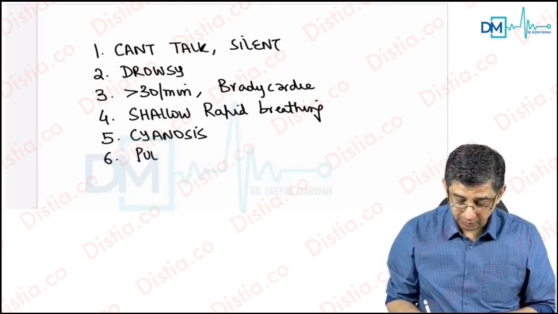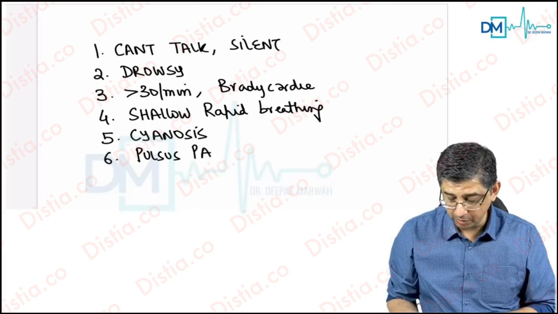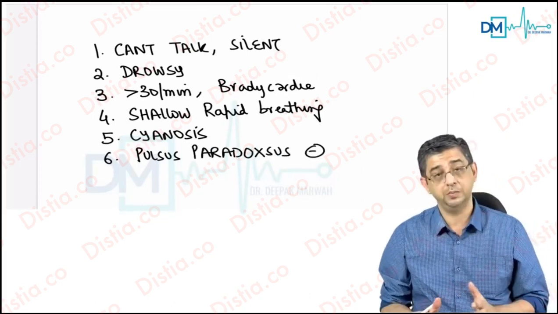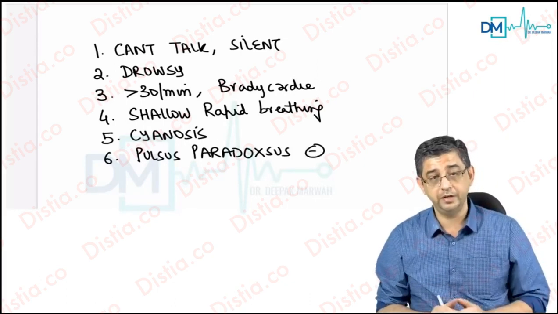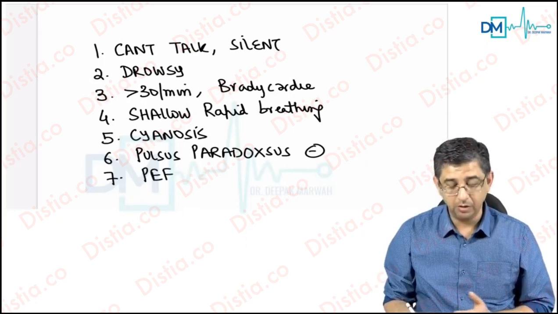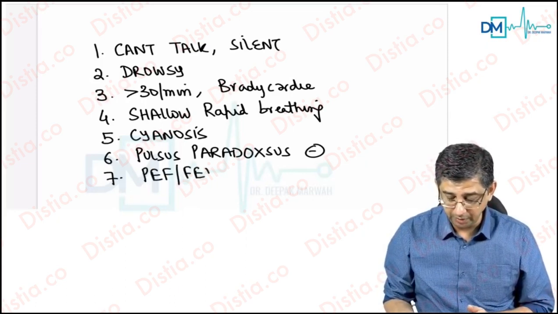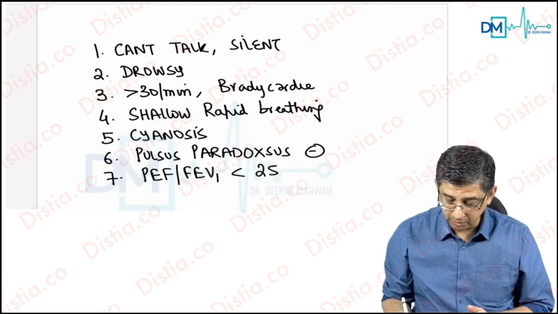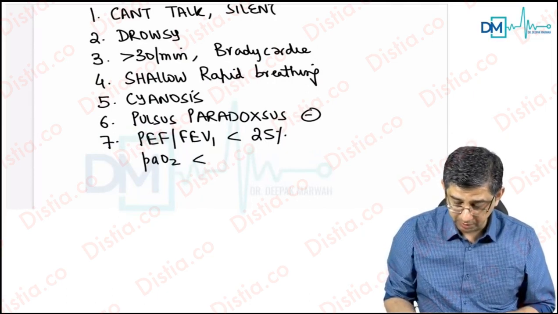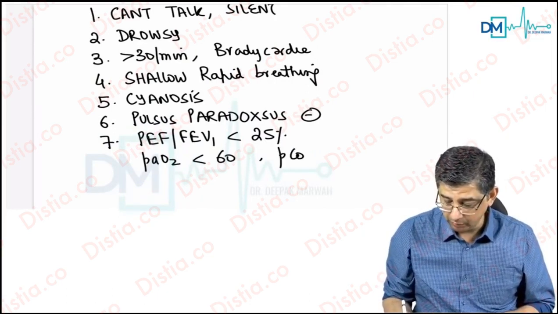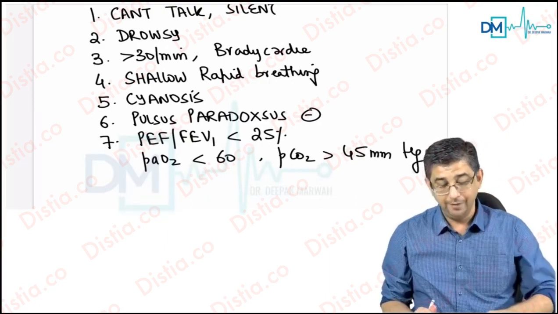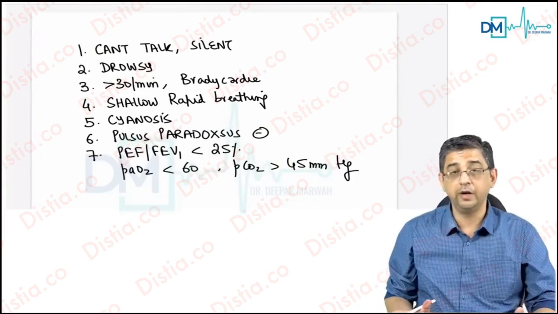And pulsus paradoxus, which was initially present. I told you pulsus paradoxus may or may not be seen, but as the person deteriorates, pulsus paradoxus will begin to disappear. At this moment, peak expiratory flow rate or FEV1 of the patient cannot be evaluated, but on theoretical grounds, I'm mentioning that if FEV1 is less than 25%, partial pressure of oxygen of the patient is less than 60, and PCO2 of the patient is increasing to more than 45 millimeters of mercury, all of these indicate that if I don't intervene right now, he will die.